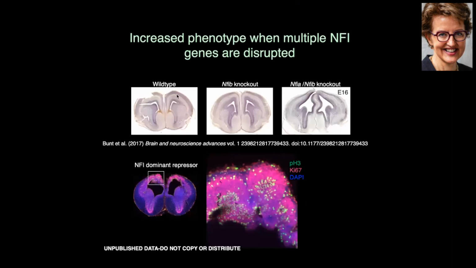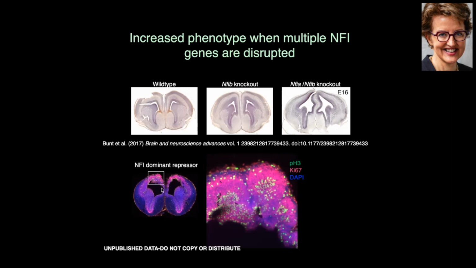So really, this experiment came about because we wanted to understand, well, what happens if you remove all NF1s? If you get this expanded phenotype that I just demonstrated to you with the NF1A and B knockout mice, what happens if you remove them all? And so we started to do this work by using an NF1 dominant repressor mouse, which was crossed to an EMX1 Cre driver line.